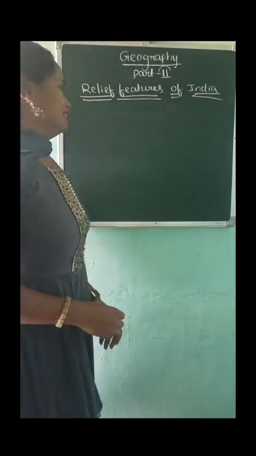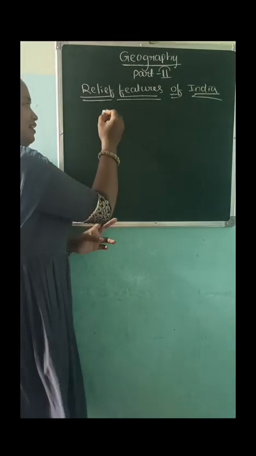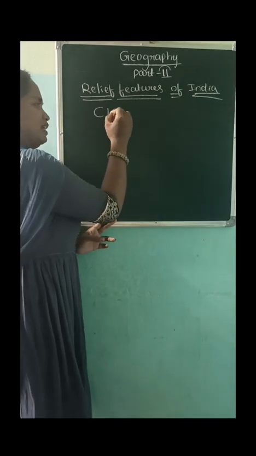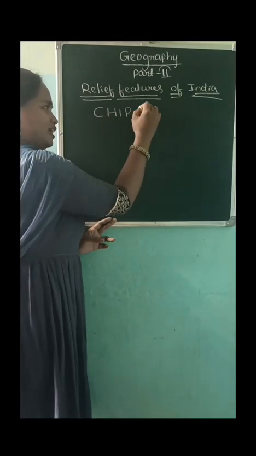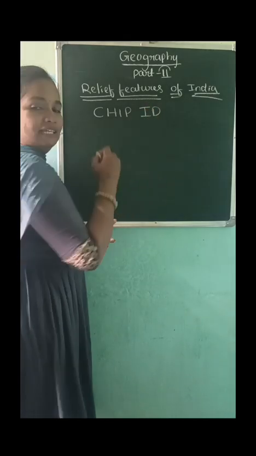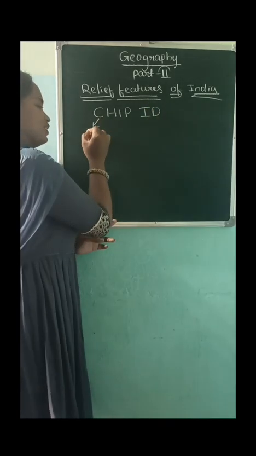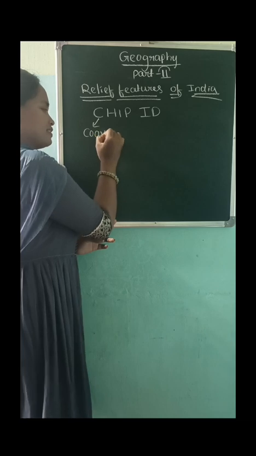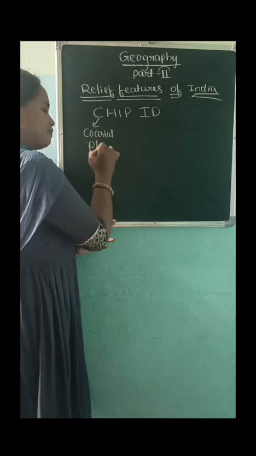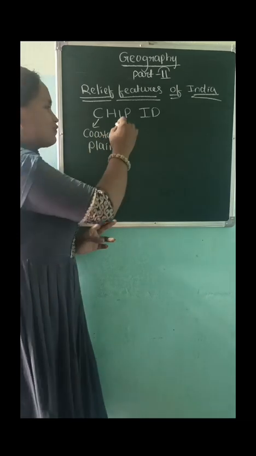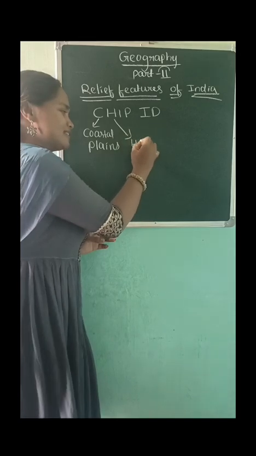Now, let us learn the relief features of India. Relief features of India can be remembered by using a logic called CHIPID. C stands for coastal plains. H stands for Himalayas.